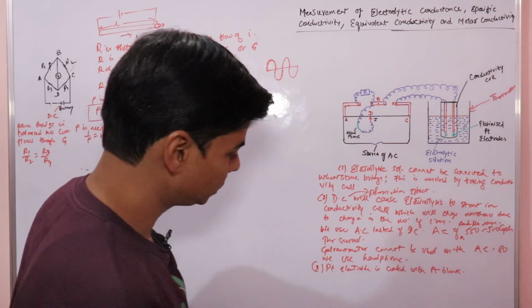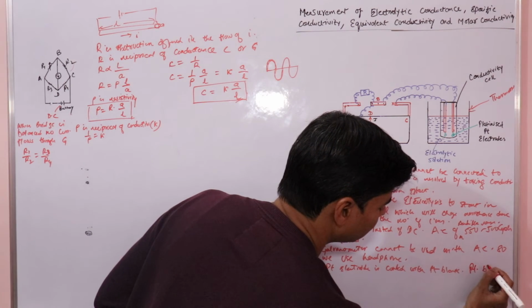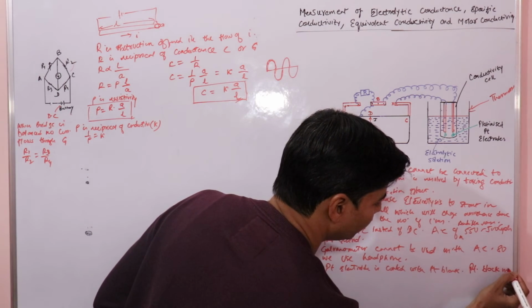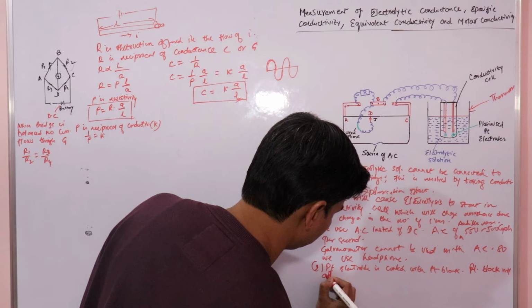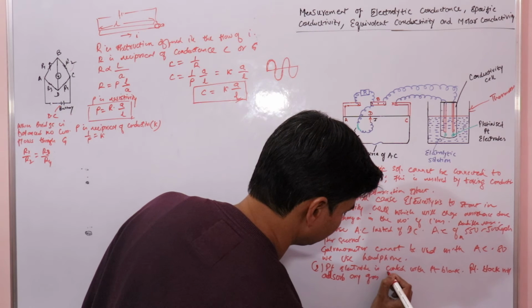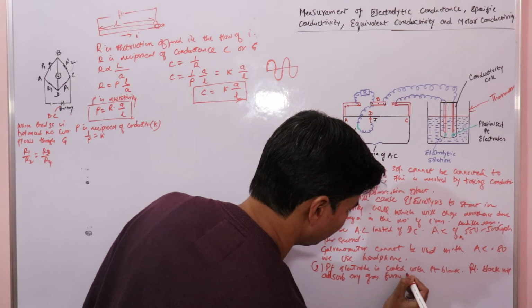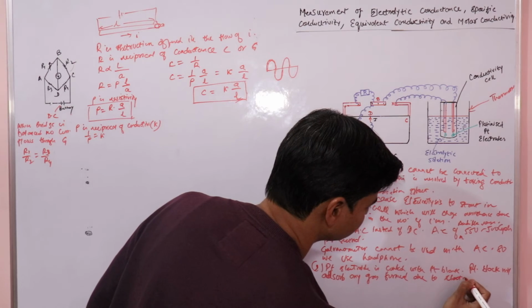So platinum black will absorb any gas formed due to electrolysis.